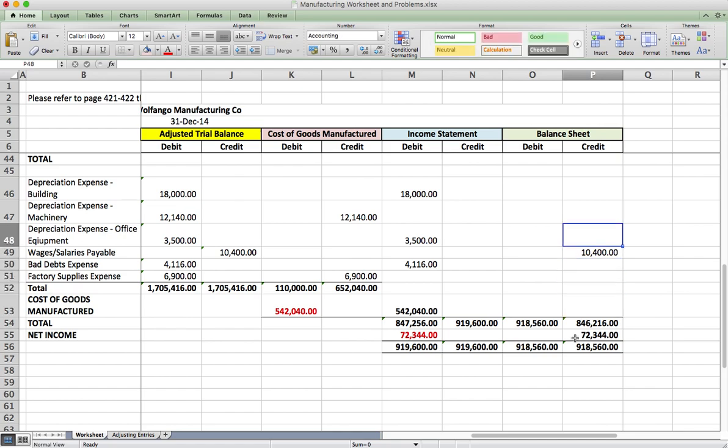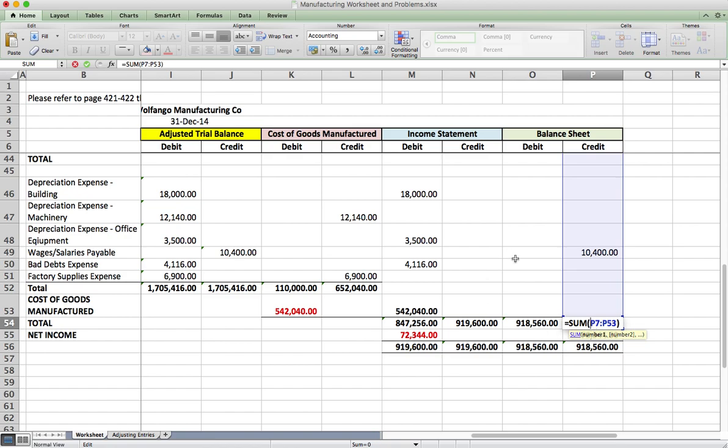Okay. So, we have to tally. Total credit, 846,216. Total debit, 918,560. Pag balance sheet class, hindi magbabalance yan. Bakit? Kasi, mas malaki usually si debit kaysa kay credit. At ano yung idadagdag natin sa credit? Yung total net income. Okay?